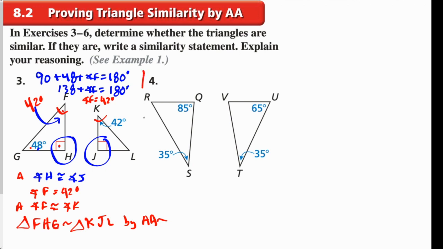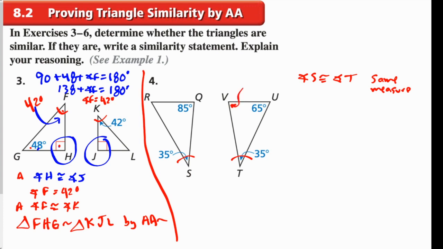Now for example 4, they're showing us we have 35 degrees on angle S and 35 degrees on angle T. So we can simply say those are congruent. They have the same measure. And once again, we use the fact that there's 180 degrees in a triangle to solve for one of the third angles.